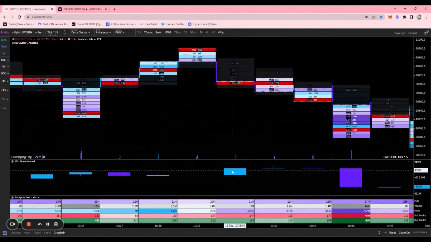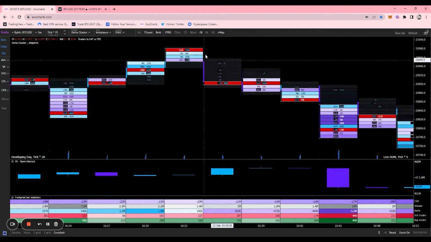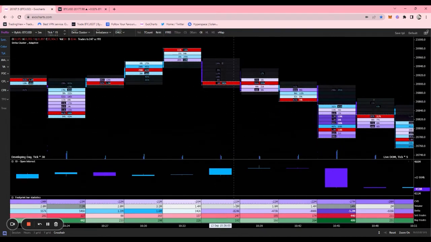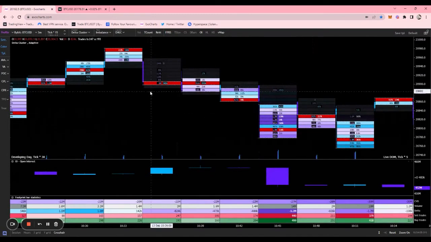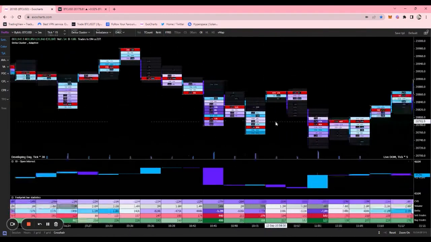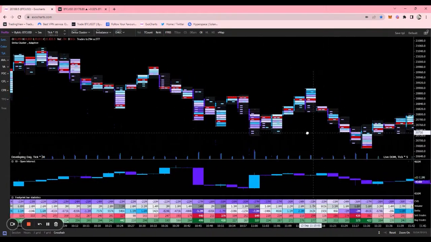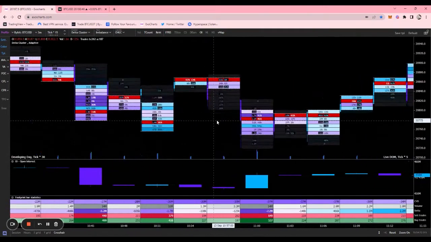But again, you don't want to see very, very low volume on these reversals. So this is a medium amount of volume. But within this, you can see that price did end up going down, and this would have been a pretty decent scalp short, so to speak.